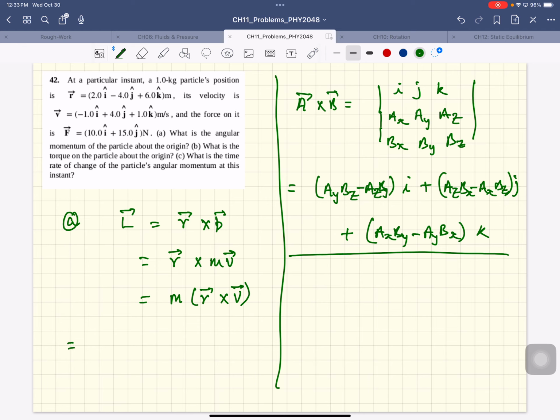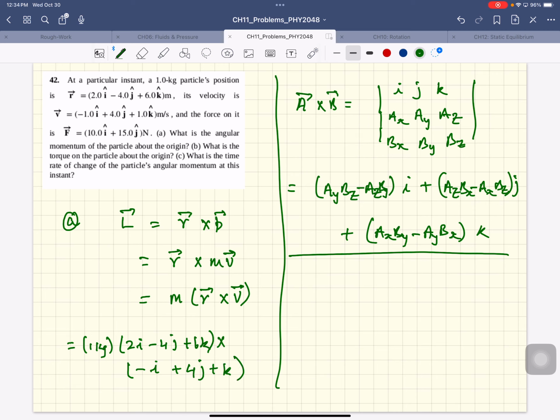The mass is 1 kg. The cross product: r is 2i minus 4j plus 6k, cross velocity, which is minus i plus 4j plus k.